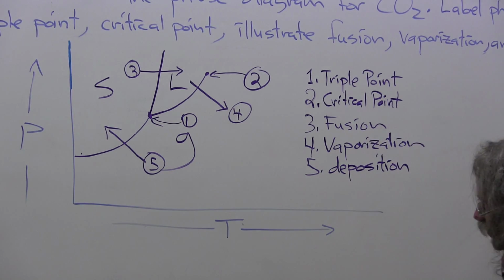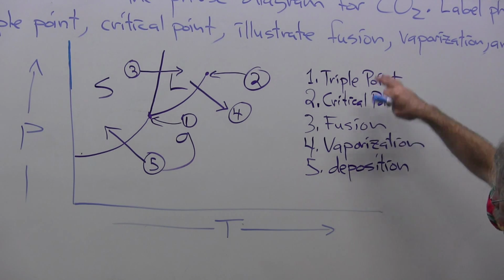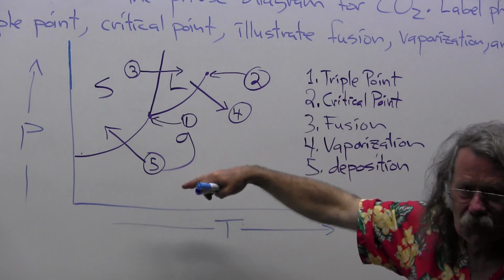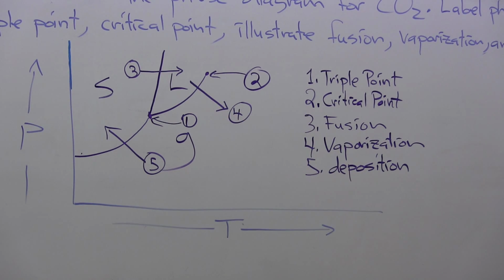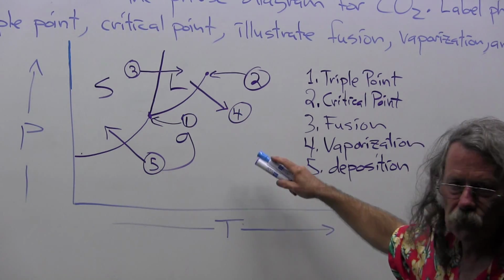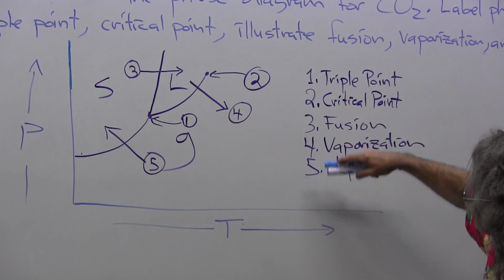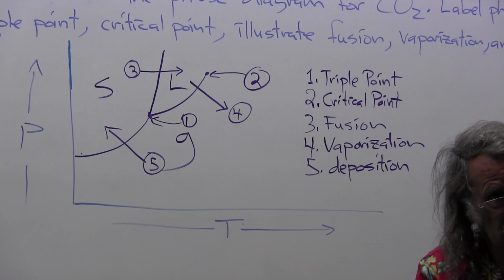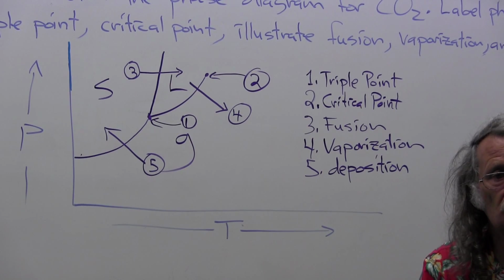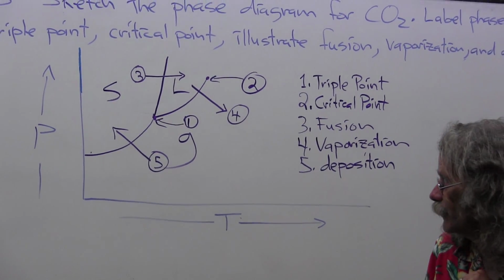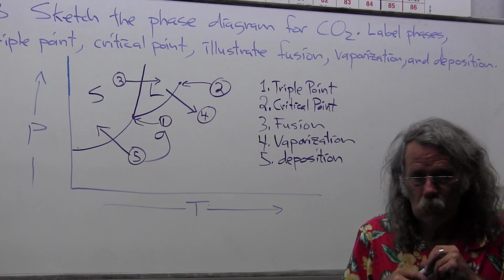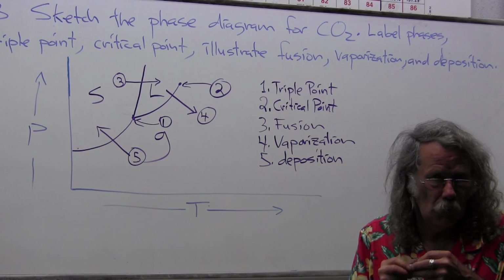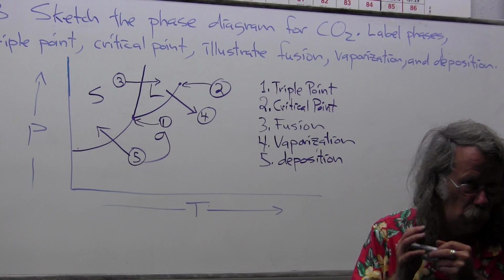So this is just one way of doing it, and rather than writing all these out on the diagram, I think it's a little clearer if we just use these types of labels with the numbers and a legend on the side. But any way that unambiguously labels things works, and unambiguous is the key on the test. You're going to get one of these phase diagrams, probably water or carbon dioxide.